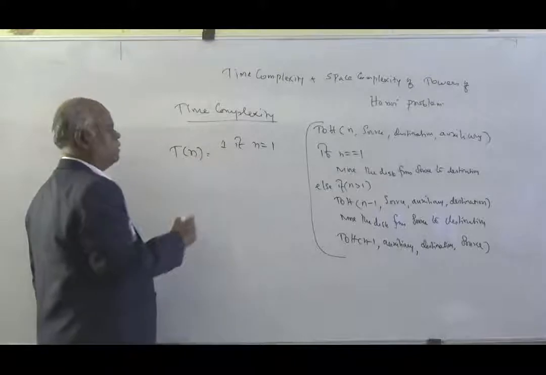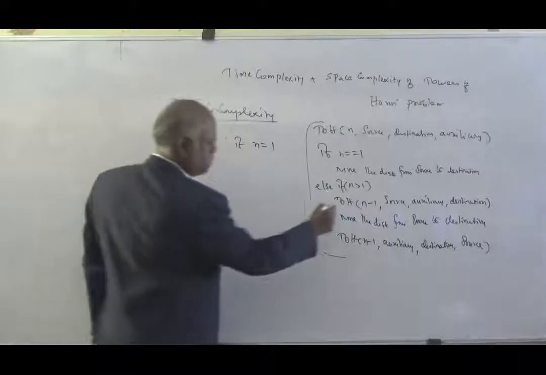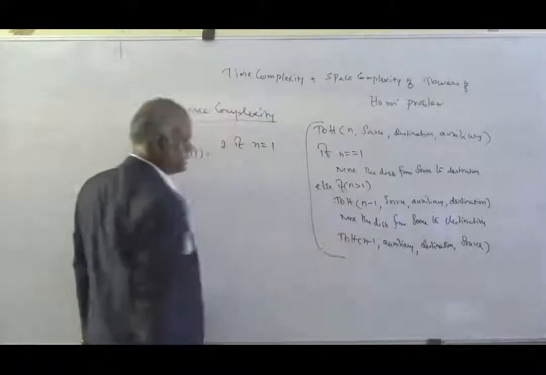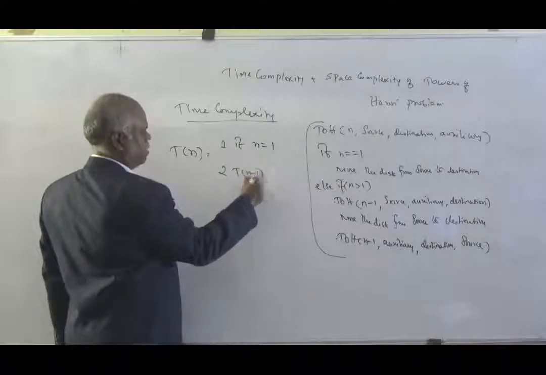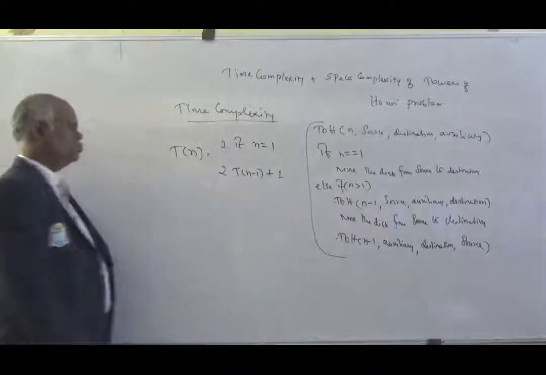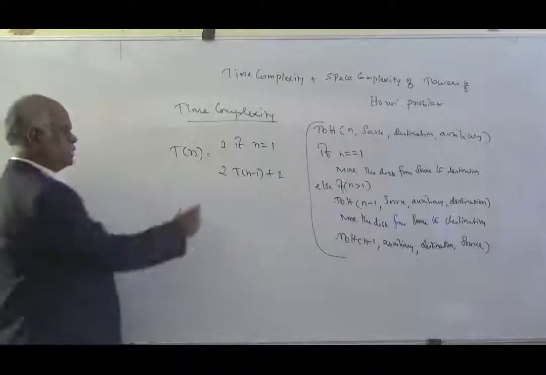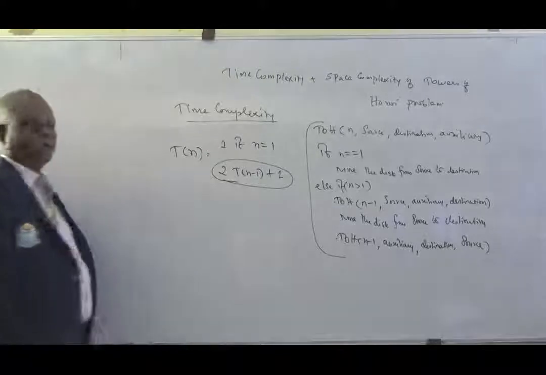the number of steps involved for more than 1 disk: 2 times you are calling n minus 1, so 2 into T of n minus 1, plus 1 to move the disk. So this is the time complexity when n is greater than 1.